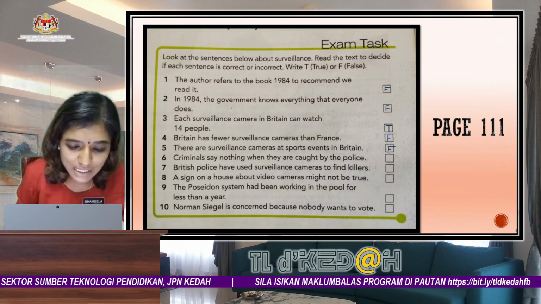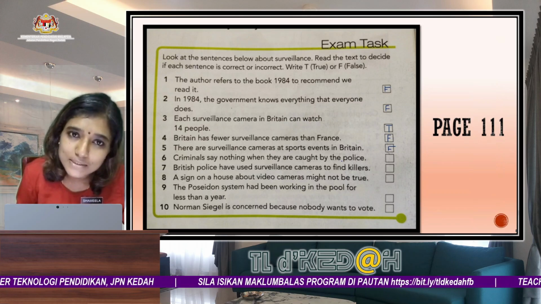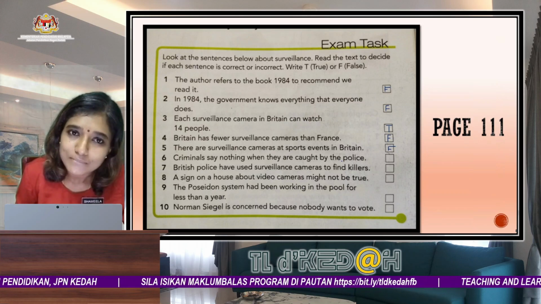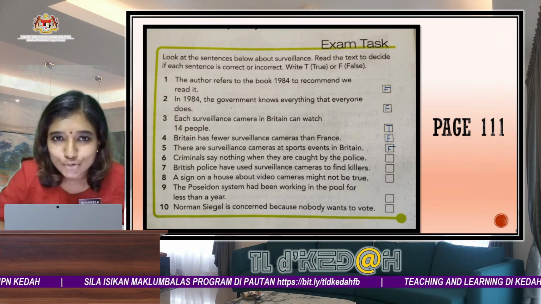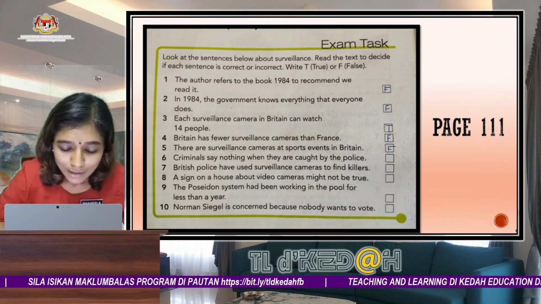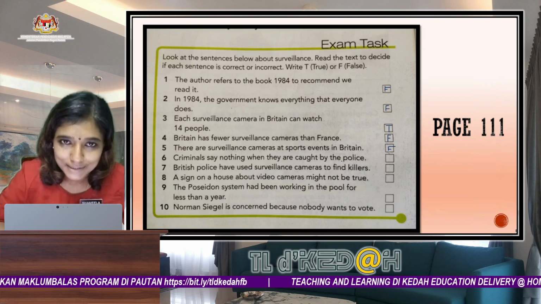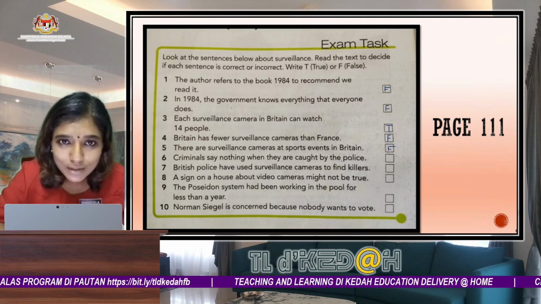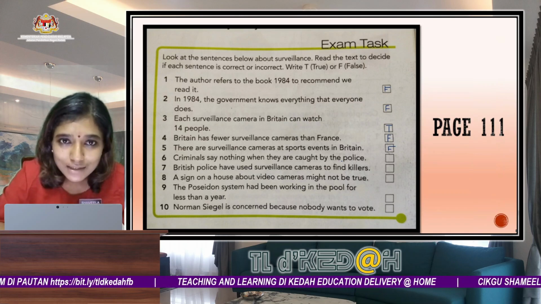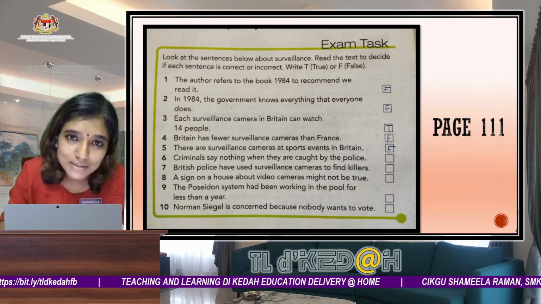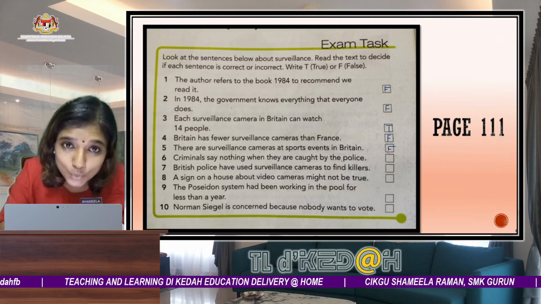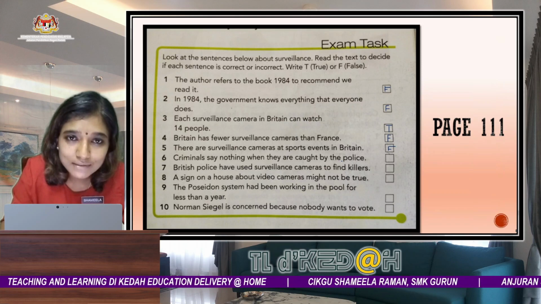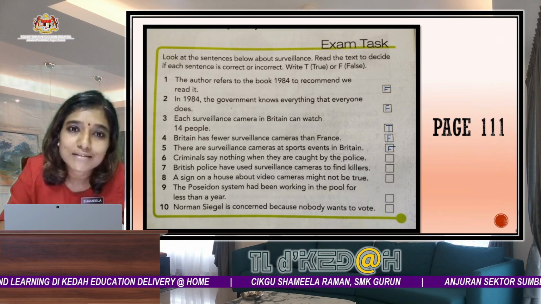Next, criminals say nothing when they are caught by the police. This has nothing to do with their being caught. Yeah, they can say anything, they can still talk. They can only say nothing if they are caught with evidence. If whatever they are doing is caught on the cameras, they cannot escape.